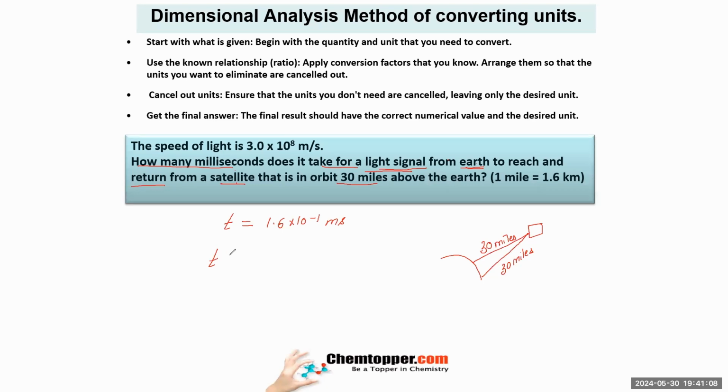So the time needed for that signal to go from Earth to satellite and back to Earth will be 2 times 1.6 times 10 raised to power minus 1 milliseconds, which is 3.2 times 10 raised to power minus 1 milliseconds. So this is how we have to use dimensional analysis, conversions, prefixes, converting one unit to another unit in chemistry calculations.